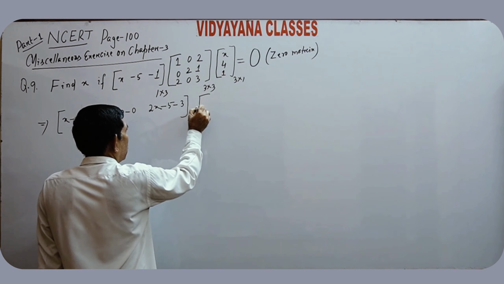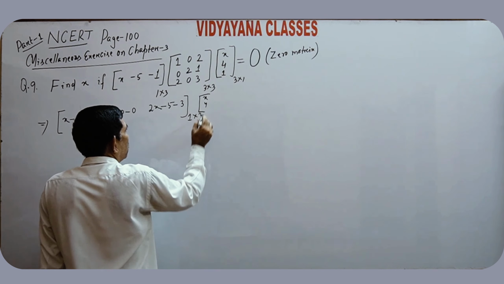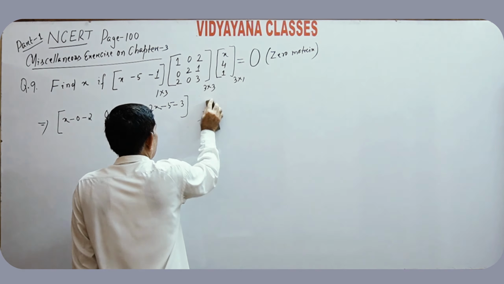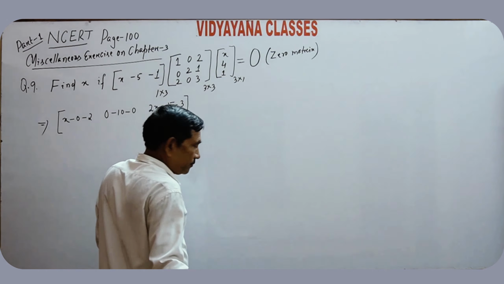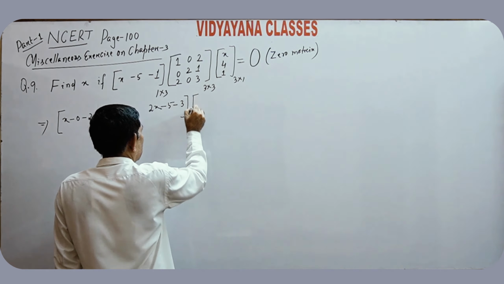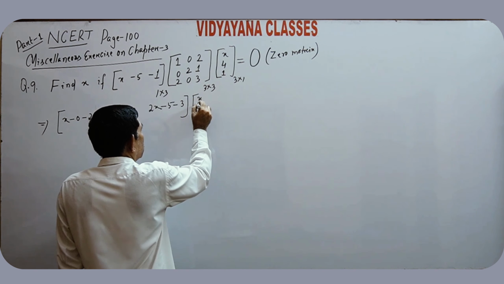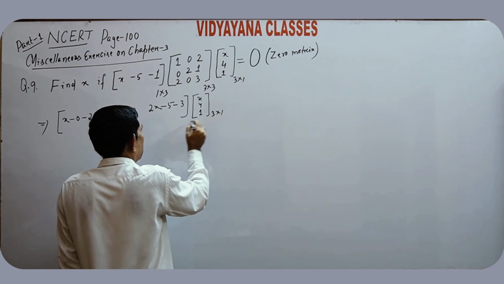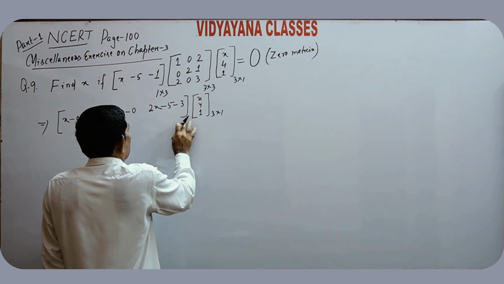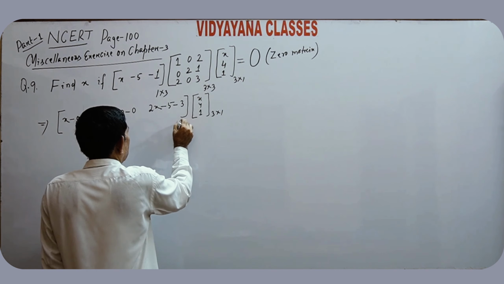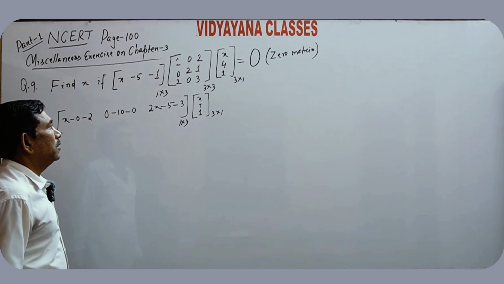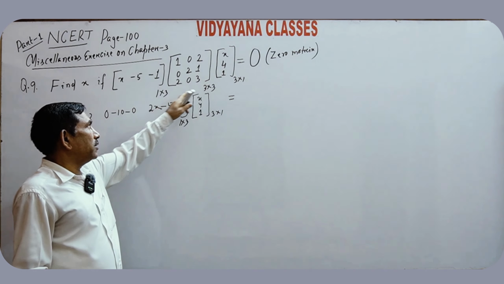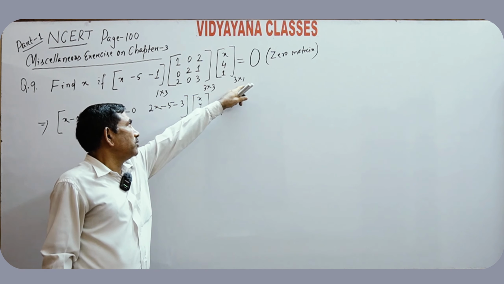Into x 4 1, 3 cross 1, and it is 1 cross 3 is equal to 0 matrix. 1 cross 3, 3 cross 3, 3 cross 1.